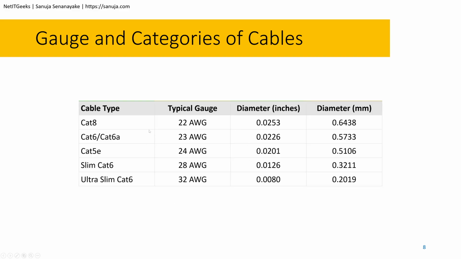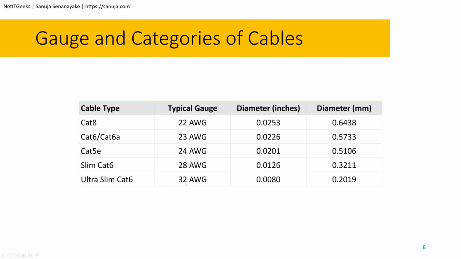So the Cat 8 has a 22 gauge, Cat 6 has 23 gauge, Cat 5E has 24 gauge, and so on. You can see the diameter goes down as you go down this list, and as a result, the Cat 8 cable would have a bigger diameter of solid core inside compared to Cat 6 cable.